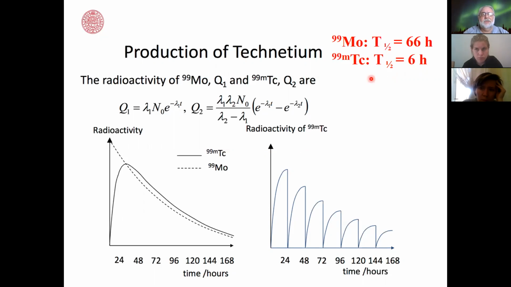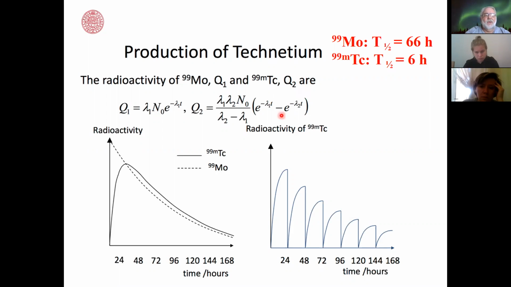But what is important is so-called transient equilibrium situation between molybdenum and technetium. Strictly speaking, the word equilibrium is not really fortunate because equilibrium generally considers reversible process while radioactive decay is not reversible.